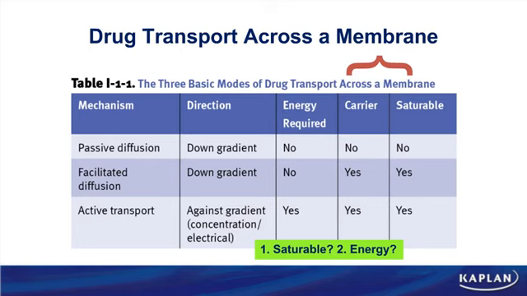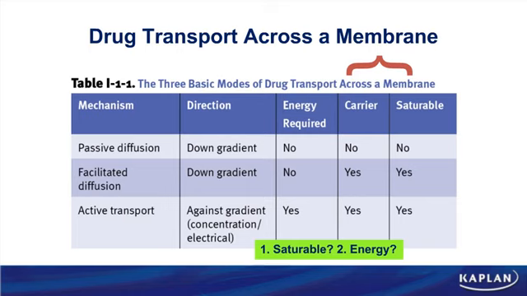On the other hand, if I increase and get movement, increase, get movement, and then I increase again and I get no further movement, what does that mean? That means the system has been saturated. Now I've got two choices. It's either facilitated diffusion or active transport, because both of those utilize a carrier and can be saturated.